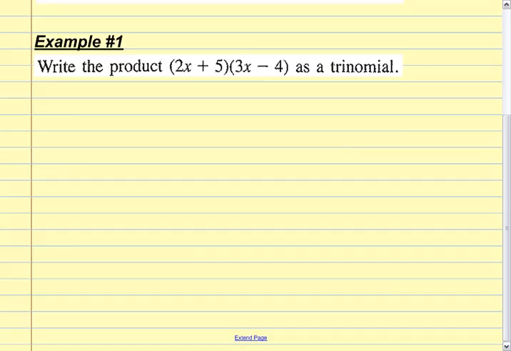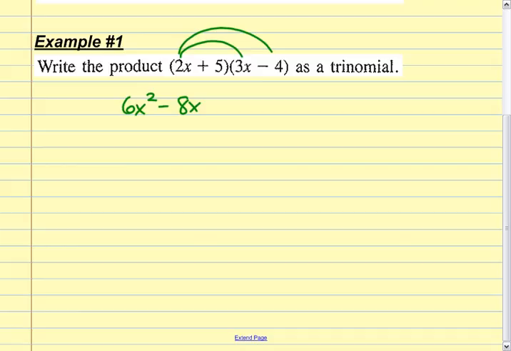Okay, tell me what to hit to multiply first. 2x and 3x. All right, 2x times 3x is what? 6x squared. Okay? Now what do I do next, Jordan? 2x times negative 4, and what is that? Negative 8x. Good.